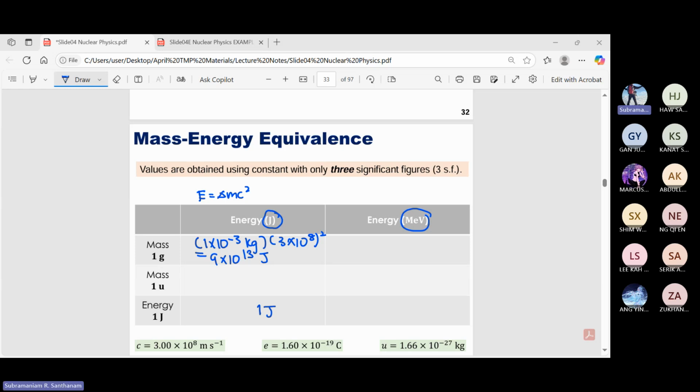So when I say energy equivalent to 1 joule, if I were to change this to MeV, that means I have a mega electron volt. This mega is the prefix, the charge is in coulomb, and this is volt. If you look back to the formula, potential difference is equal to work done per unit charge. Therefore, work is equal to potential difference multiplied by the charge.